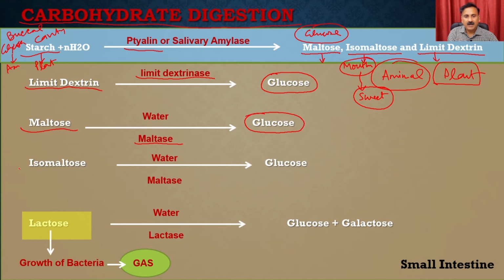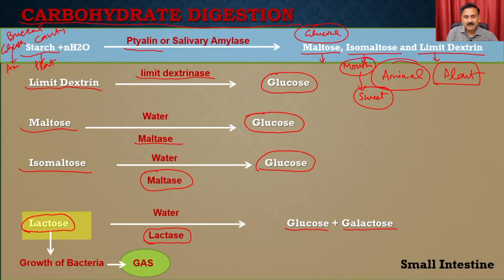Then the isomaltose is also processed, and it forms glucose. Okay. And we also have the sugar called lactose. This lactose is also processed within the small intestine by an enzyme called lactase, and that converts it into glucose and galactose.